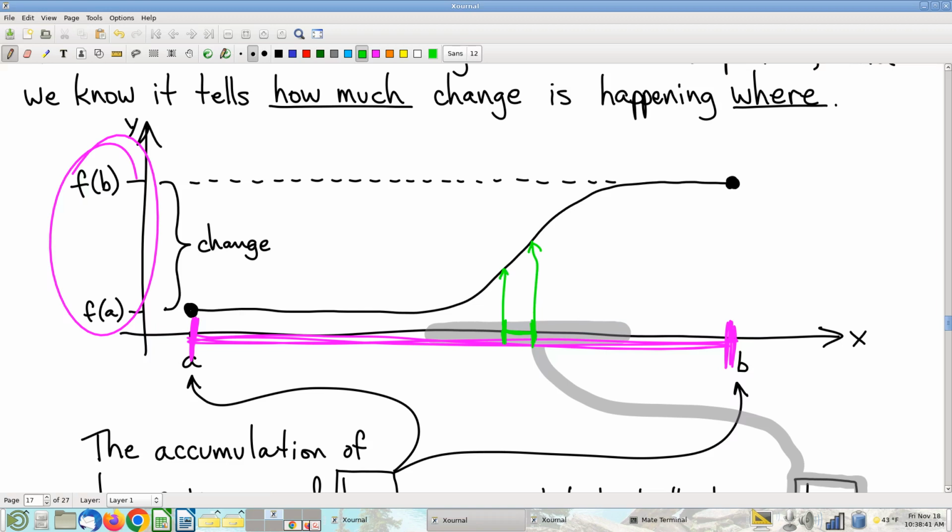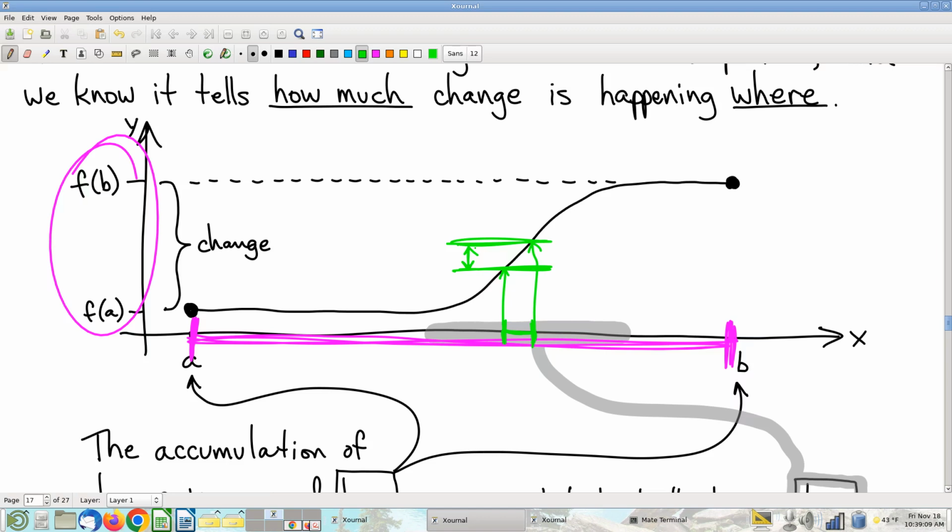Do the value here minus the value there, namely that minus that, and this difference, the amount of change that you measure on this little piece, that's how much of the total change happened in this interval. Because the change accumulates, and I can literally see the function changing there.